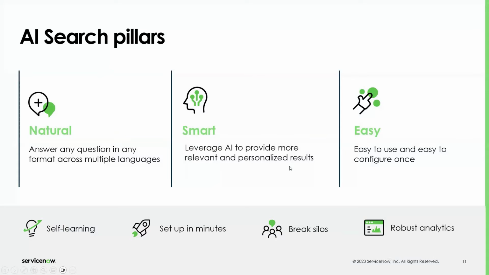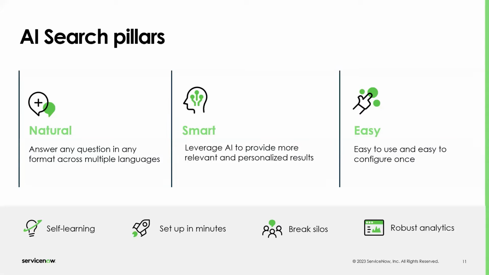So we're gonna touch base on the AI search pillars. You can see we have three pillars shown in the slide. The first is natural. Our AI search really provides a natural way to interact with the database that you have. It supports multiple languages, so users have the freedom to search in their own language.